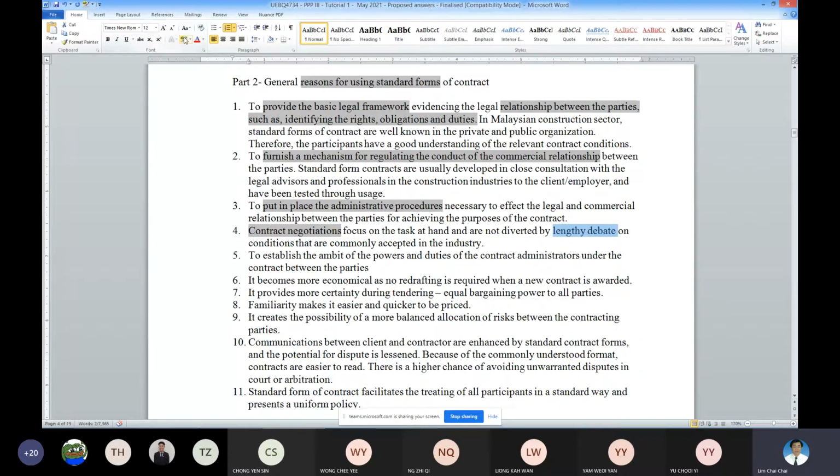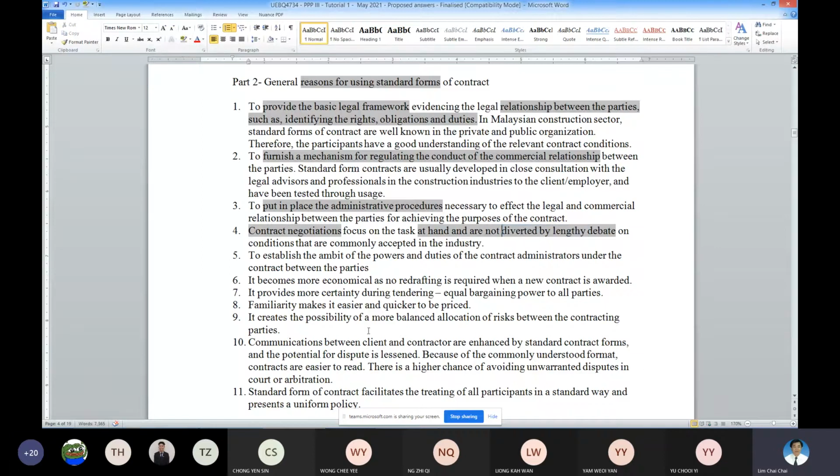Okay, contract negotiations are not diverted by lengthy debates. So this is another reason for using standard form, because it is already established. Everyone is aware, so you don't have to argue and argue and argue.